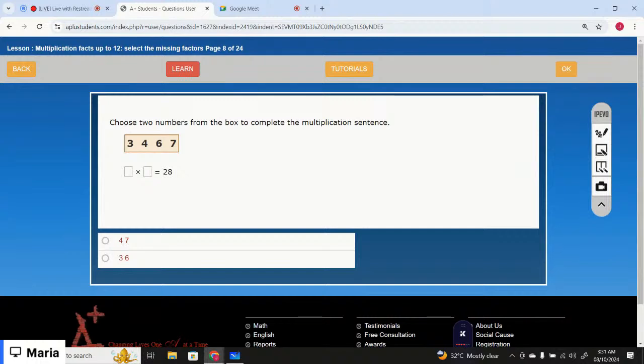That is 7 times 4 is 28. Option number 1 is the correct option.